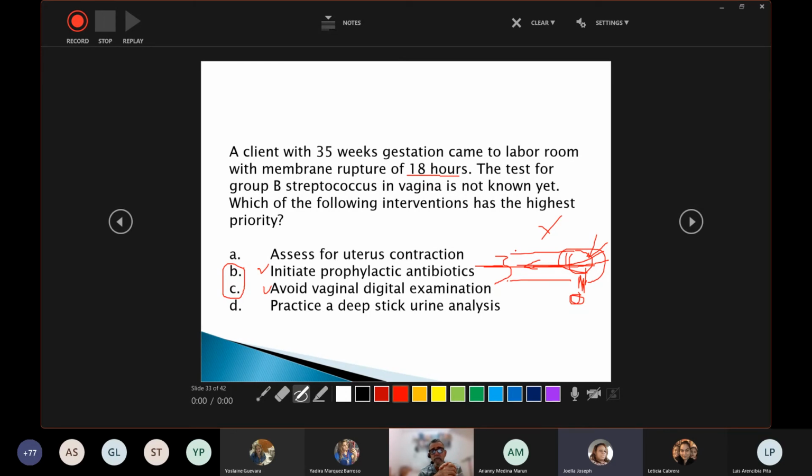But what is more important: not introducing the bacteria, not using a contaminated scalpel, or using antibiotics? In this case, I think it's the use of the prophylactic antibiotic.